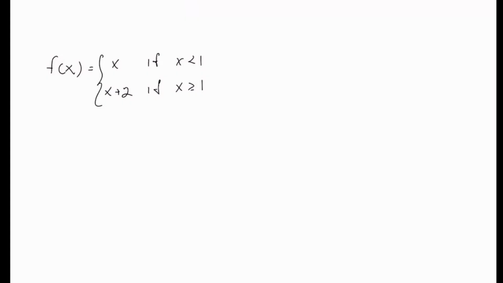So here, f of 0 equals 0, and f of 2 equals 4. But there is no c where f of c is actually equal to 2 because of the jump at x equals 1.